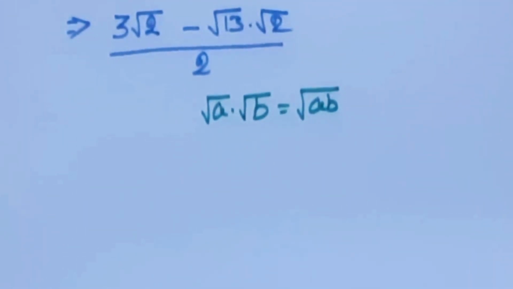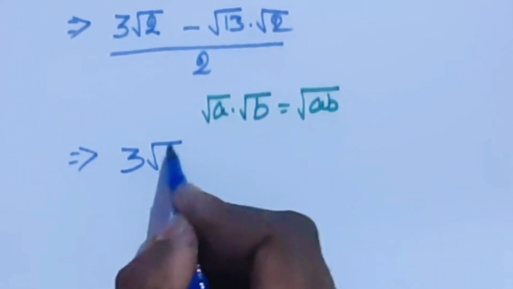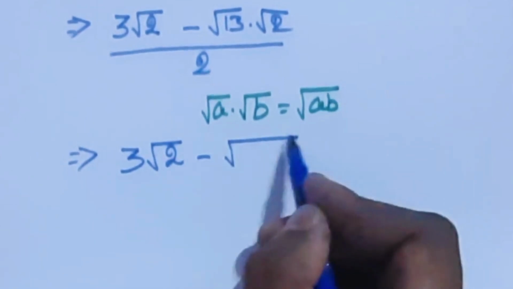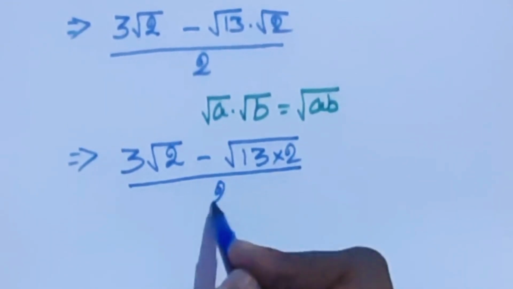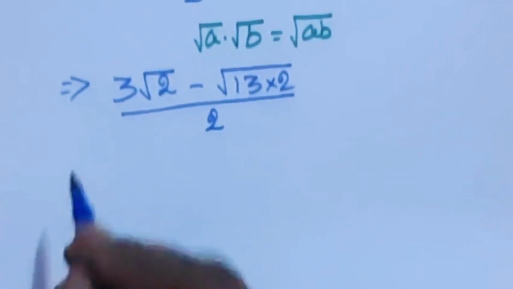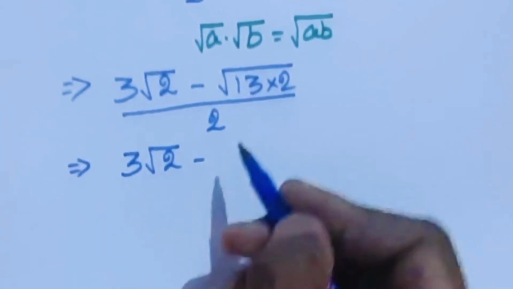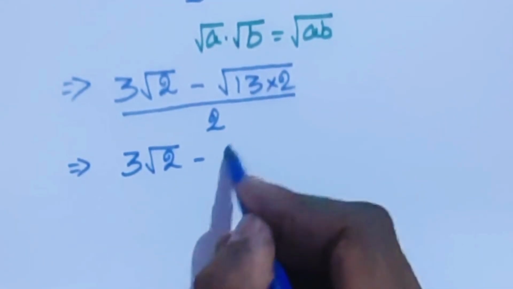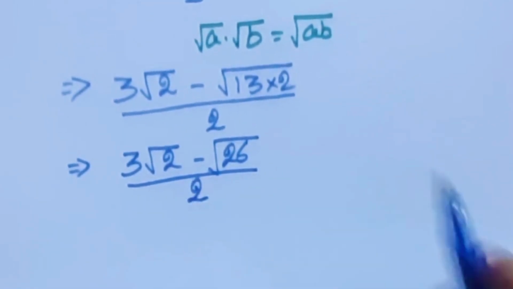This we are going to apply here. So 3 times square root of 2 minus square root of 13 times 2, whole divided by 2. Now (3 times square root of 2 minus square root of 26) by 2.